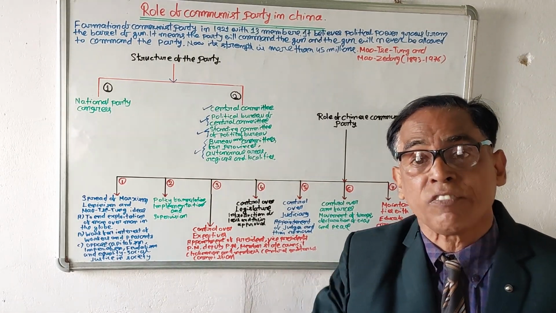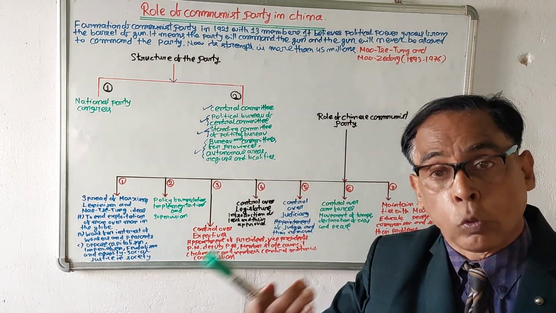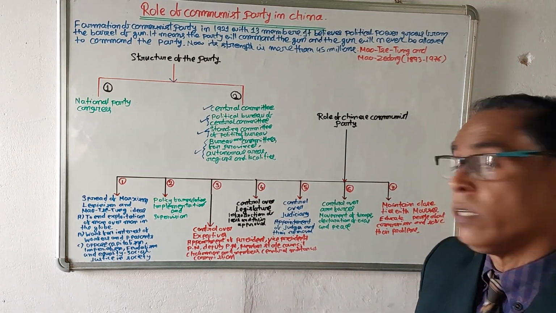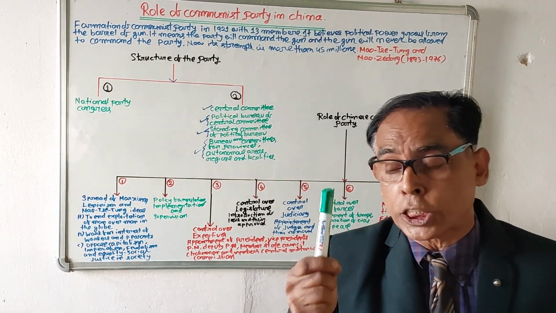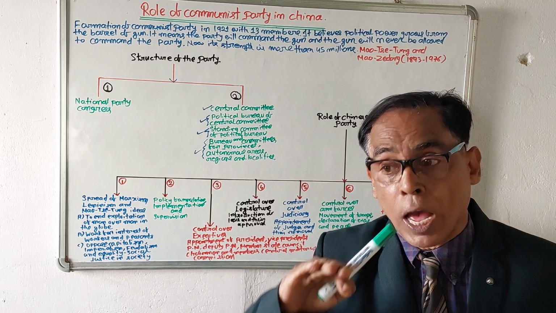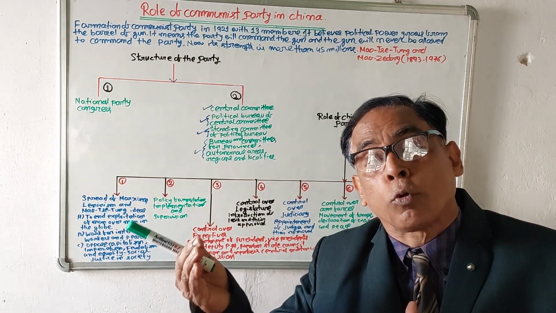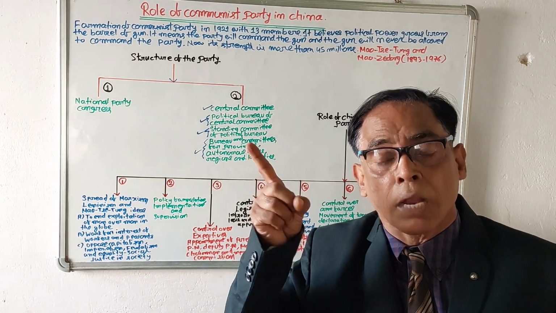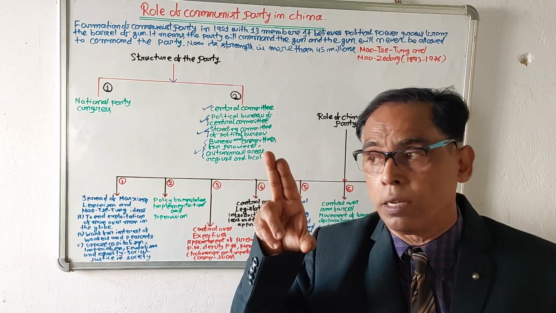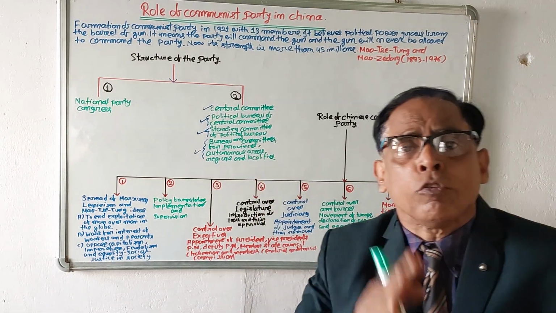It decides what type of laws will be introduced and how laws will be passed. Then it has full control over the judicial system. Then it has full control of the armed forces. Finally, it is the responsibility of the Chinese Communist Party to have a link with the common people of China, to solve their problems and to educate them about the basic principles of Karl Marx, Lenin and Mao Zedong.